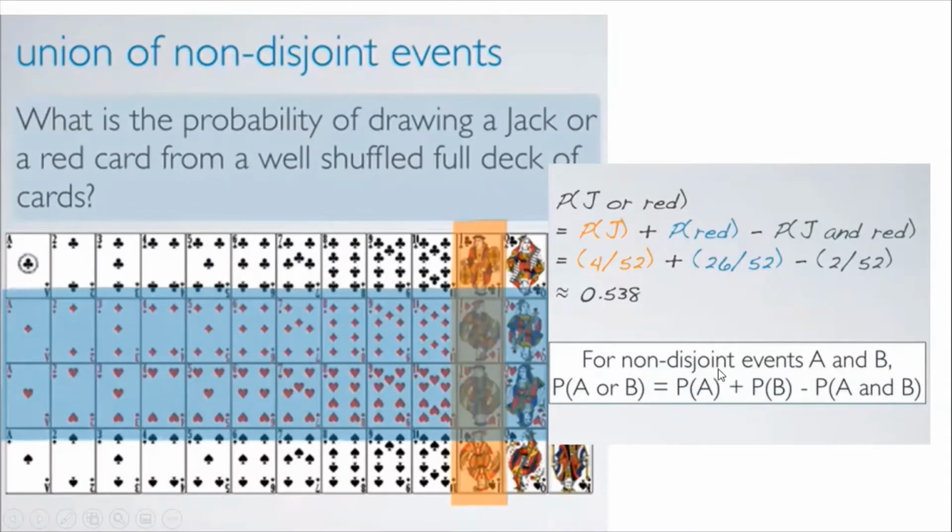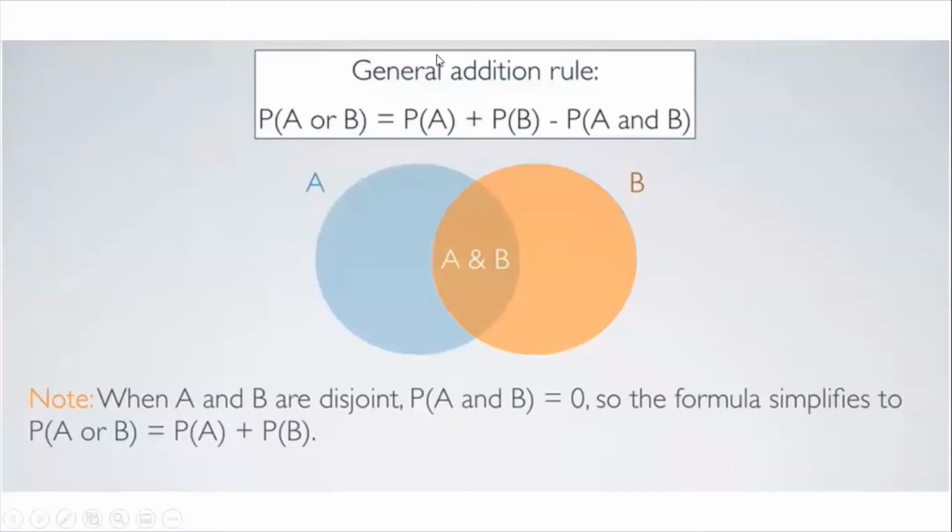Otherwise, if events are assumed to be disjoint, then you use the probability of A or B equals the probability of A plus the probability of B. You don't have to subtract. So this is the general additive rule. You don't have to remember everything, just remember this: the probability of A or B is the probability of A plus the probability of B, and then subtract the intersection part.